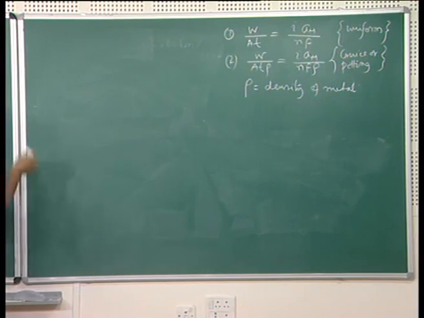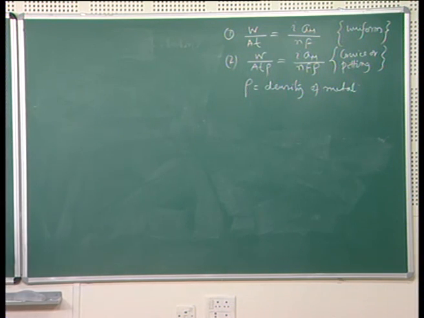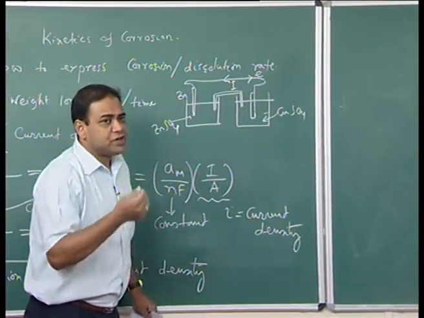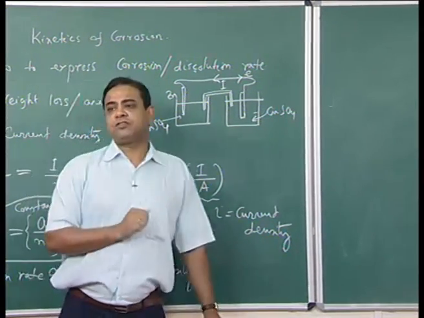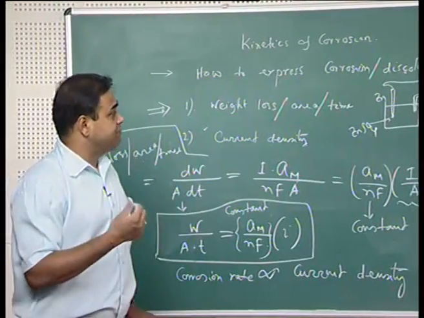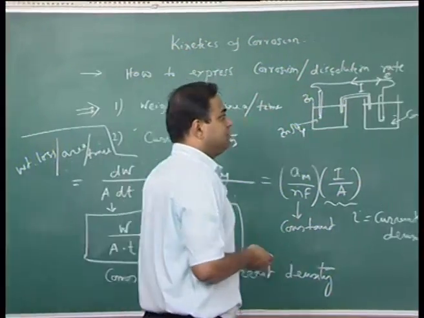Now, first, let us find out what the corrosion rate would be in the form of MPY if you know the weight loss, the area exposed, the time duration, and of course, the density of the metal.